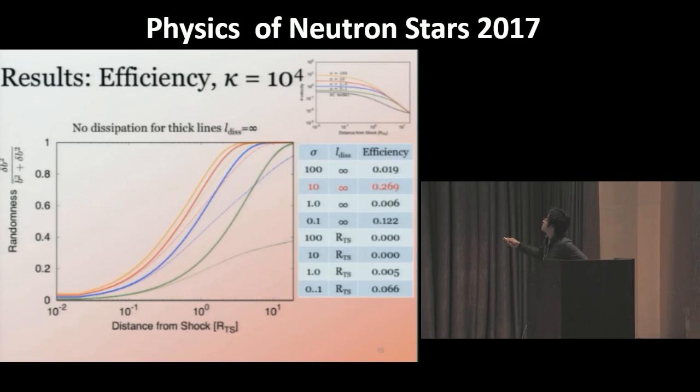And this red one, sigma 10 and infinity, corresponds to this thick red line, but with a little bit large randomness in this case. Anyway, we now find that a large sigma flow upstream of the termination shock is allowed to explain both the expansion velocity of the pulsar nebula and the radiative efficiency.